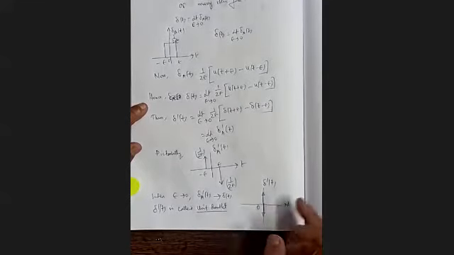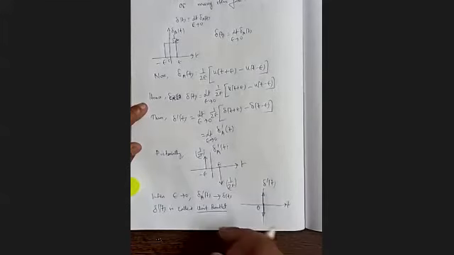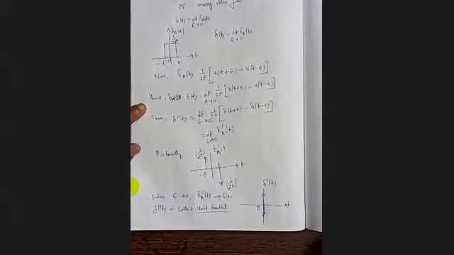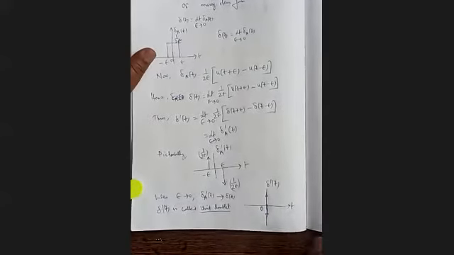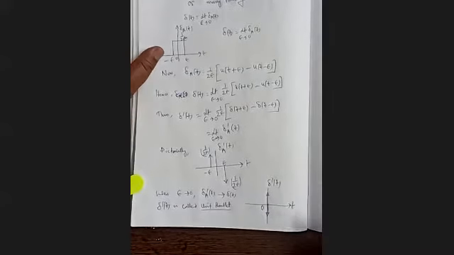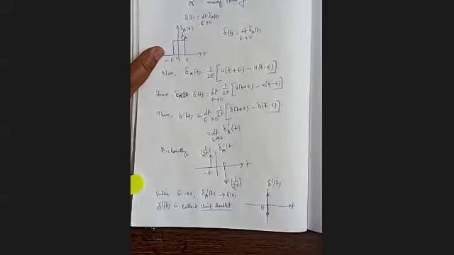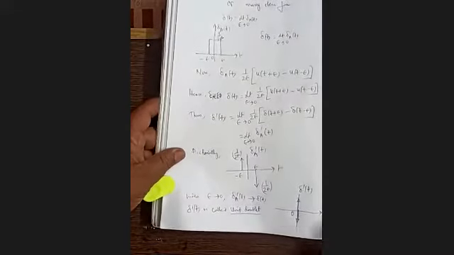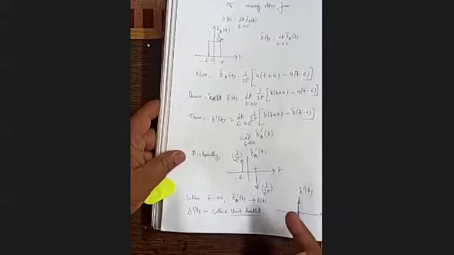So it consists of a pair of impulse functions, delta dash T. Clear? So that is called the unit doublet. Derivative of delta T is the doublet or unit doublet here. Once we know this particular thing, then we can take the area of a unit doublet. I go to the next page.